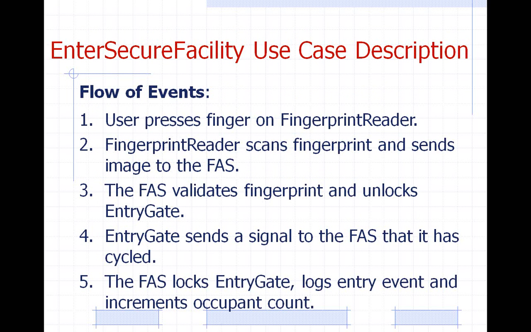For example, for the Enter Secure Facility use case description, the flow of events is: the user presses a finger on the fingerprint reader, and the fingerprint reader scans the fingerprint and sends the image to the FAS. The FAS validates the fingerprint and unlocks the entry gate, and the entry gate sends a signal to the FAS that it has cycled, and the FAS locks the entry gate, logs the entry event, and increments the occupant count.